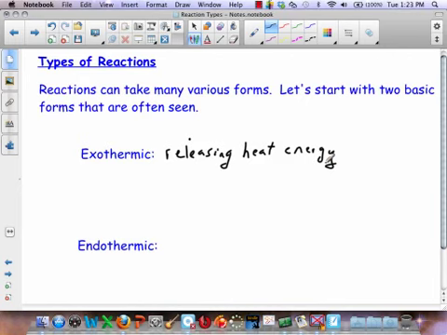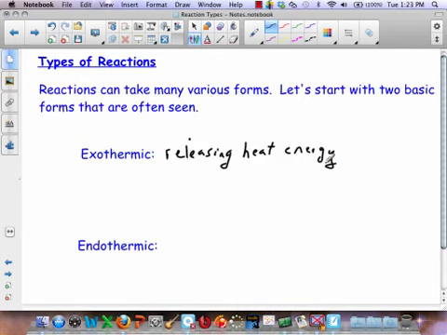Now, endo, think about endo. What does endo imply? Inside. So endothermic requires energy to be put into the system in order for the reaction to take place. Your citric acid with sodium bicarbonate, which is baking soda, requires energy from outside that system in order to react.